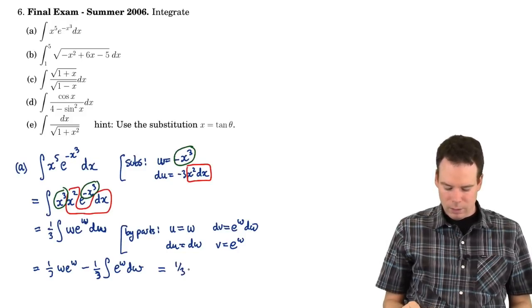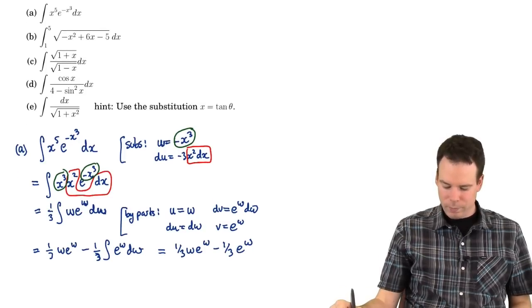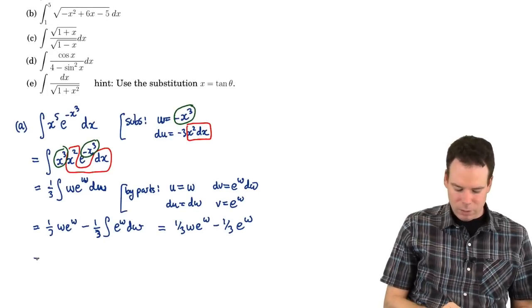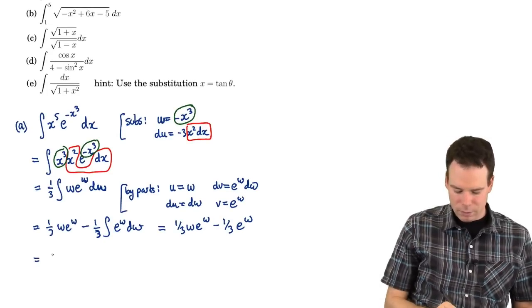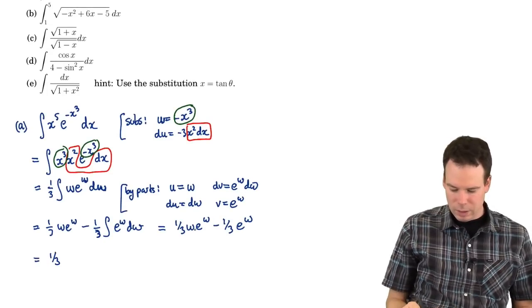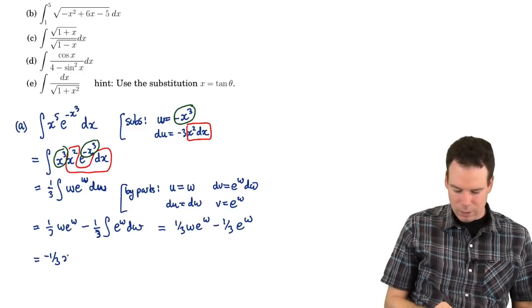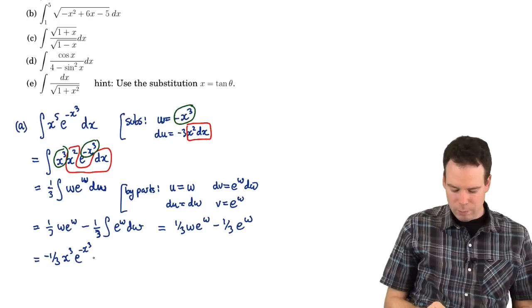So now I can anti-differentiate that piece, and I just get an e to the w. Now I can put everything back in terms of the original variable x. So this is 1/3, w is negative x cubed, e to the negative x cubed, minus 1/3 e to the negative x cubed.